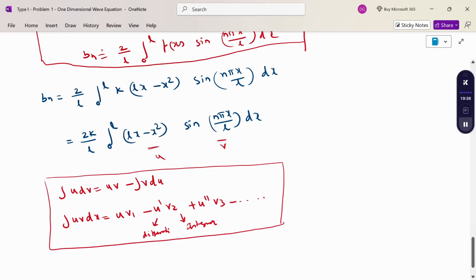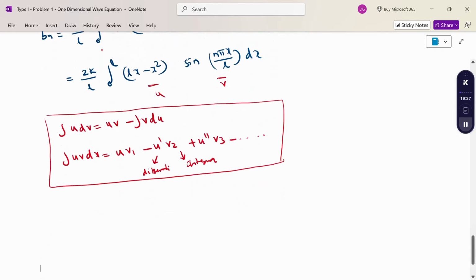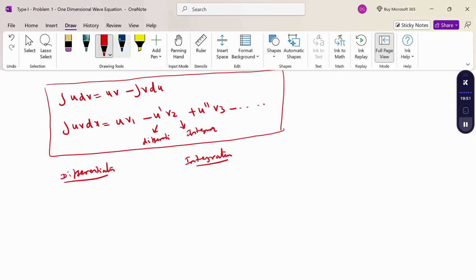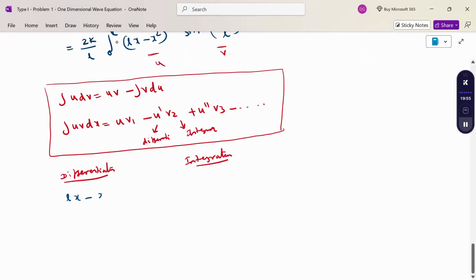Therefore now I consider the u term. Differentiation, then integration. The u term is Lx minus x square.